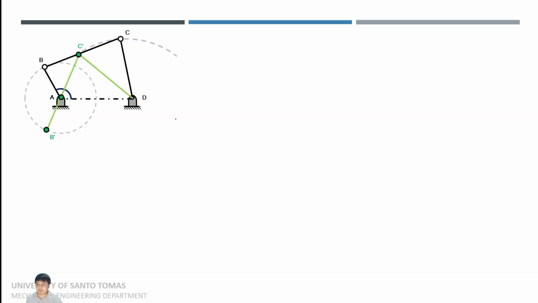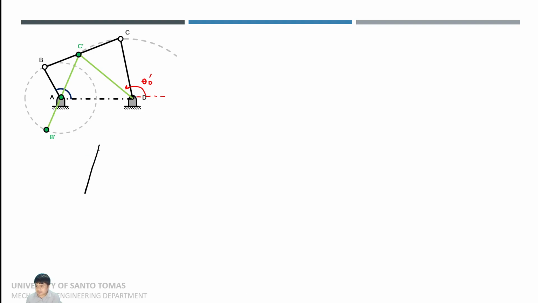If you want to find that portion, theta d prime, we can find this angle actually, since we have the sides of this triangle given, and if we can find this angle, we can also find this angle. So let me explain that in detail.